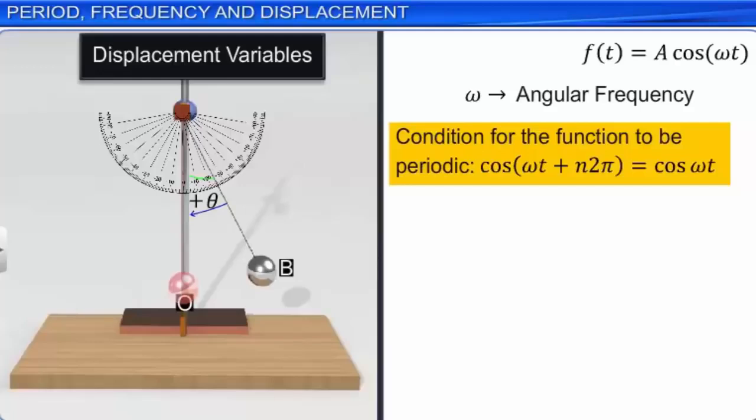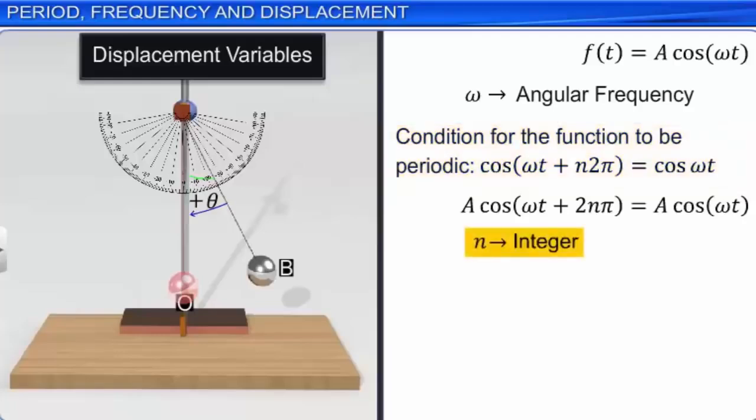Thus, A cos(ωt + 2nπ) must be equal to A cos ωt, where n is any integer. In other words, the function is periodic with the time period T, when f(t + T) is equal to f(t), where the time period T is equal to 2π/ω.